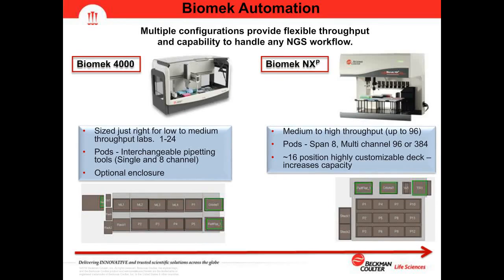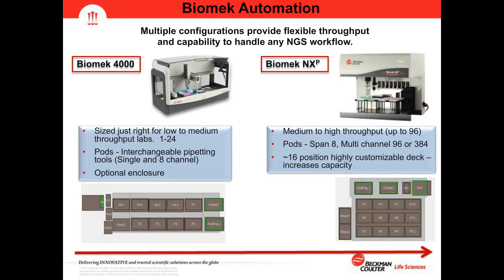Also, for different requirements with respect to throughput and availability of budget, we can offer different platforms that enable the automation of processes such as NGS sample prep. To the left, you see our entry-level liquid handler, the Biomek 4000. The size is just right for low to medium throughput labs. So let's say if you're producing 1 to 24 libraries at a time.